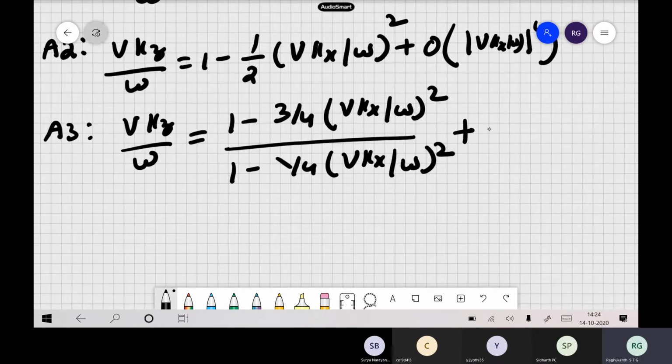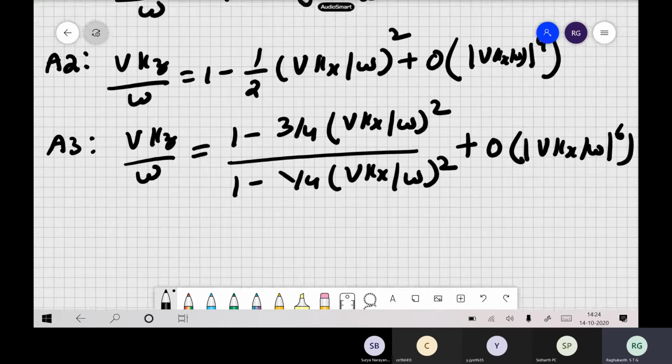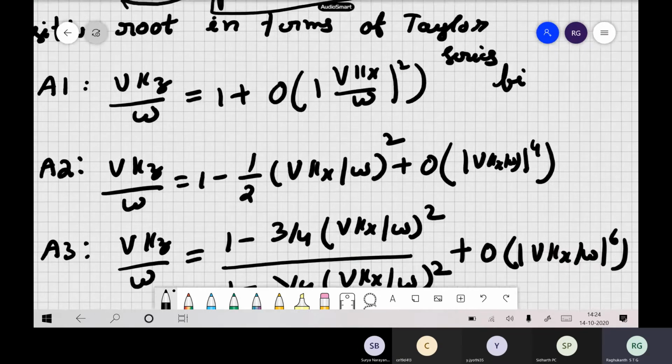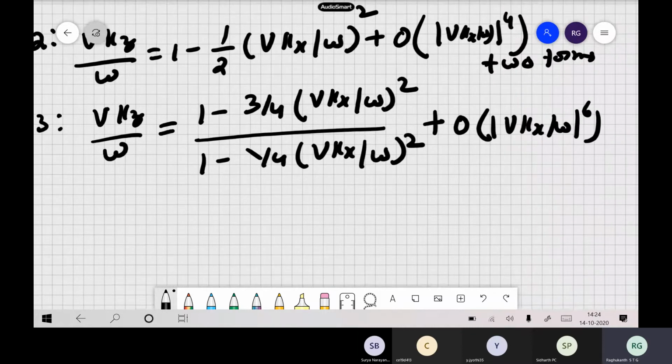You have these including the third term. So this is basically the first term in the Taylor series. Here we have included two terms. Now here we have included three terms, and then you can do some algebra and write in this fashion. So these are the three roots.